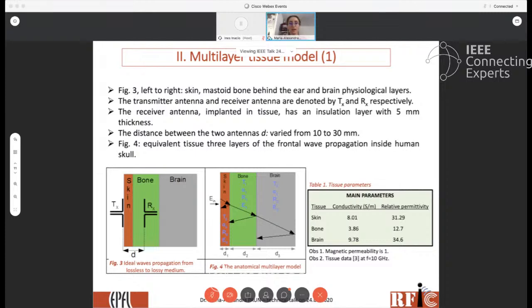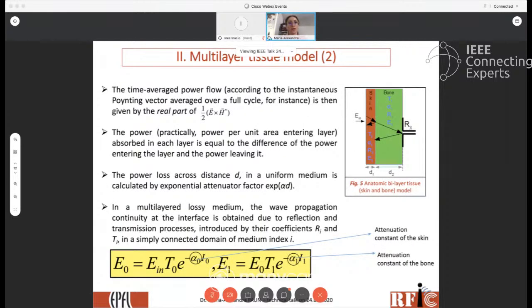And then we have prepared the anatomical multi-layer model with 2 to 3 layers. 2 are sufficient to get a valid model. In table number 1, one could see the main parameters of the tissues that we have in the human body, which are concerned with the implantation.